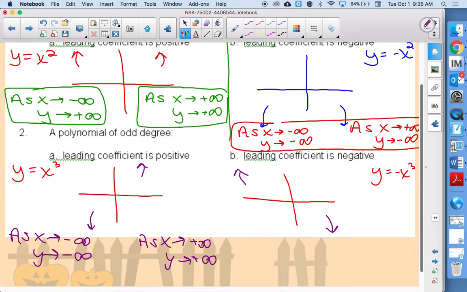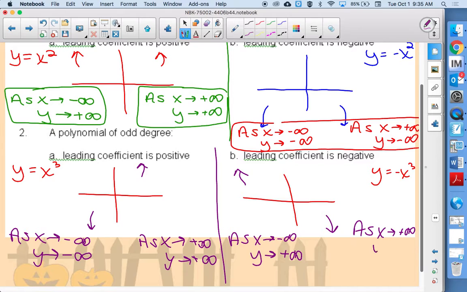When it's a negative coefficient, it should do the opposite of the graph on the other side. So if you're on the left side, it's going up to positive infinity. And if I'm on the right side, it's going down to negative infinity.